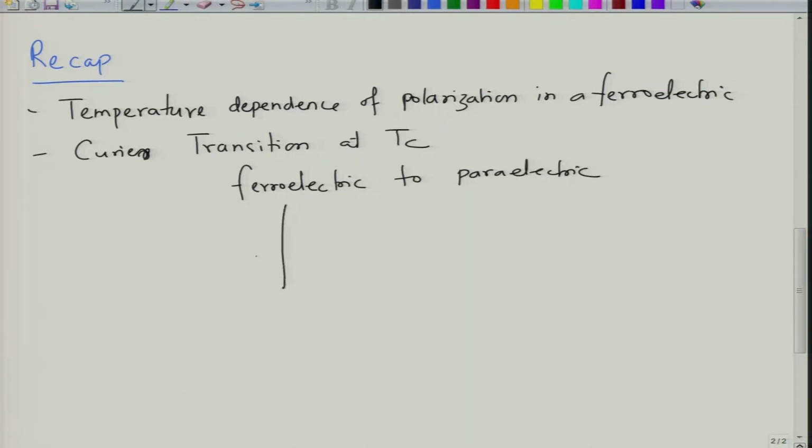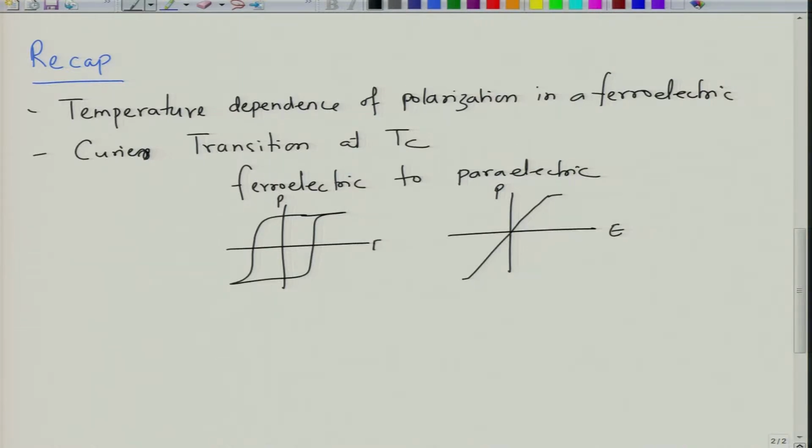So, the hysteresis that you see at temperatures lower than Tc disappears, and what we have is a more or less linear behavior of the polarization-electric field curve.